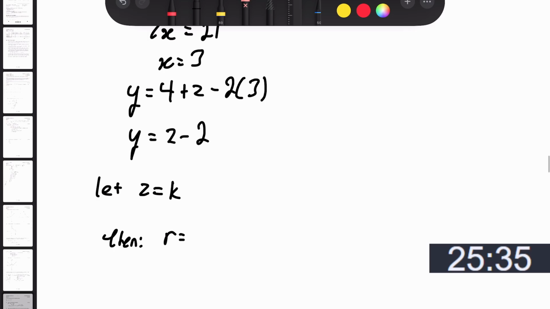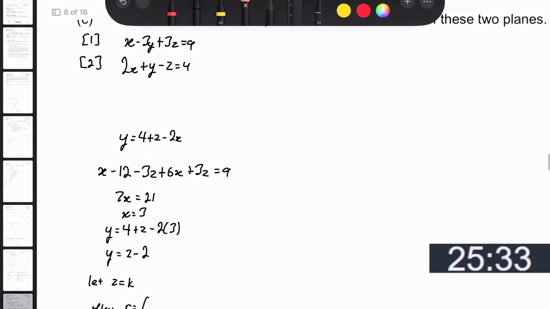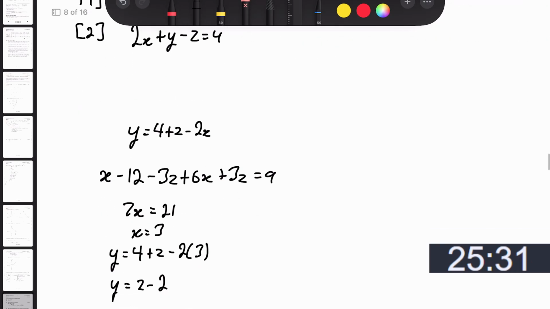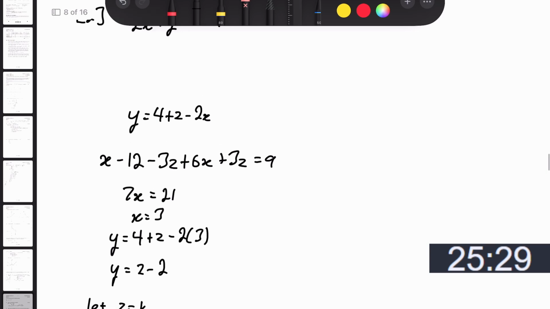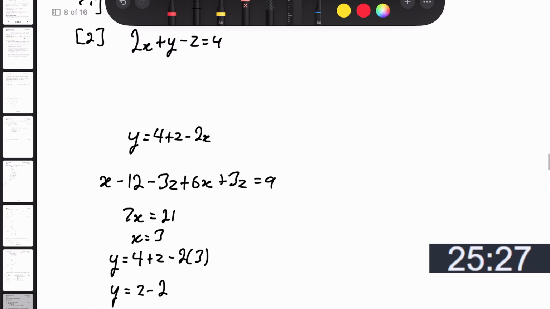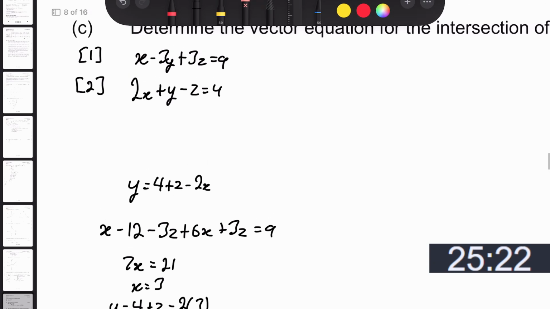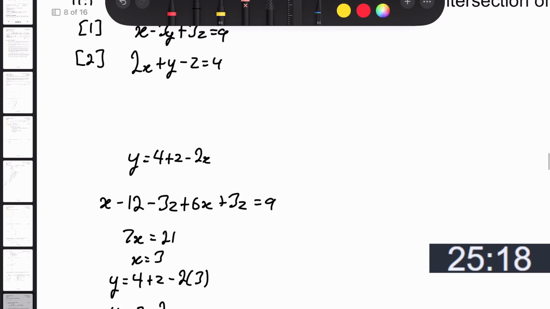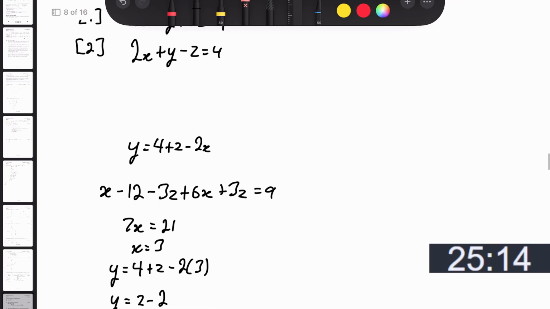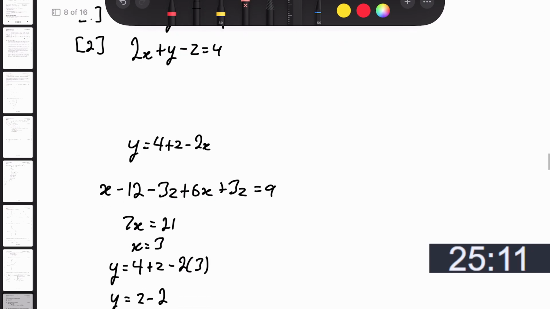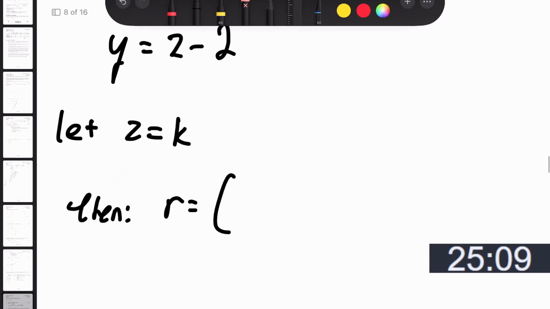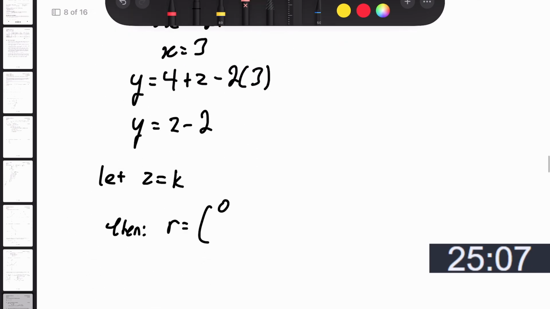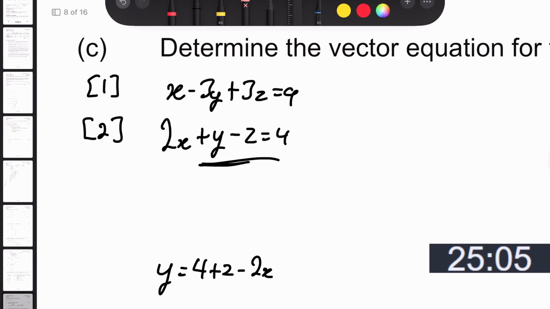Then r is equal to... what's a point that fits on this curve? Let's say, for this one, y is 4.